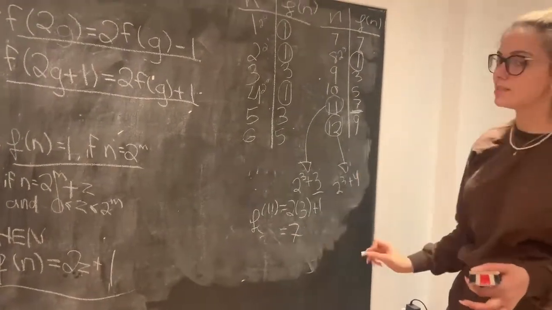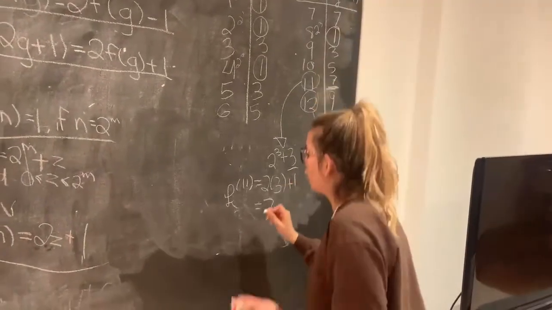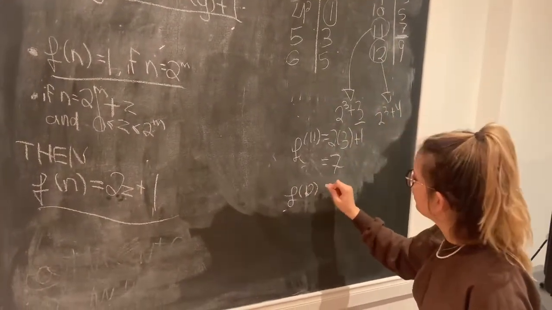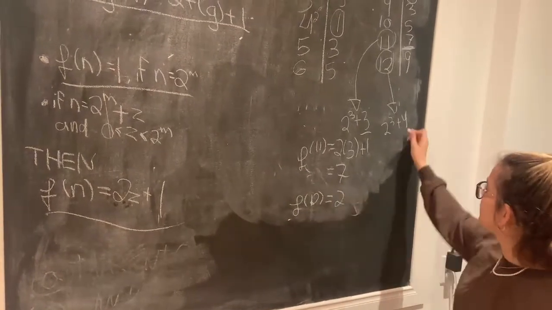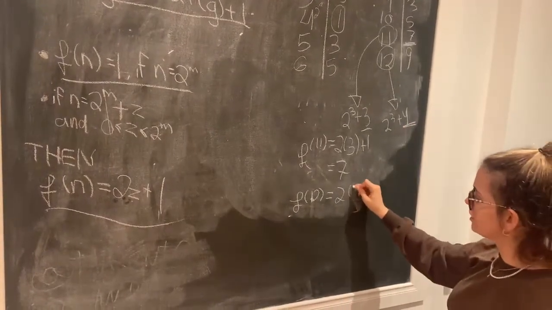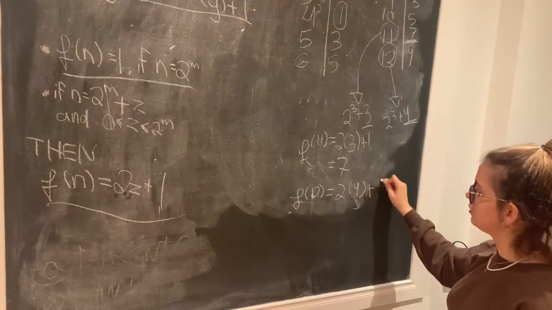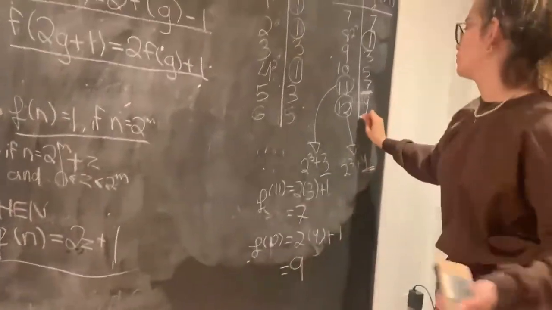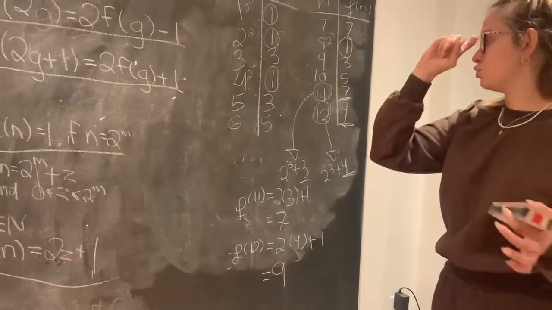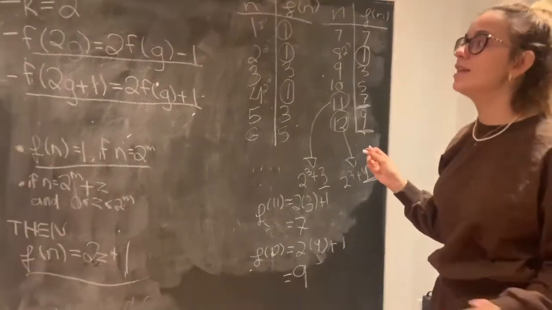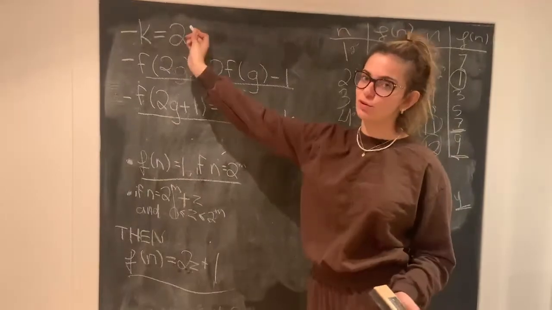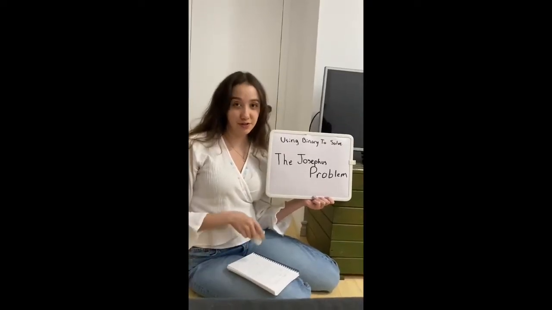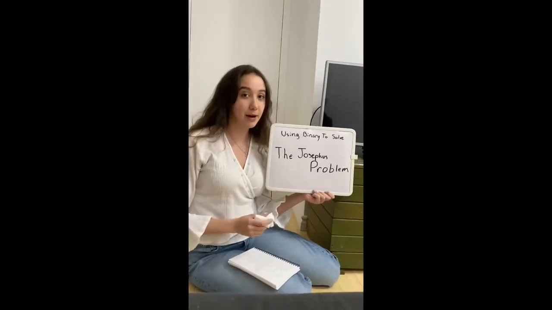Then if we do the same thing with the 12, we have f of 12 is equal to 2 times our constant z, which is 4 in this case, plus 1. And obviously it is going to give us 9, which is what we had here. So this formula tends to always work, and you can apply it in the Josephus problem whenever k is equal to 2.